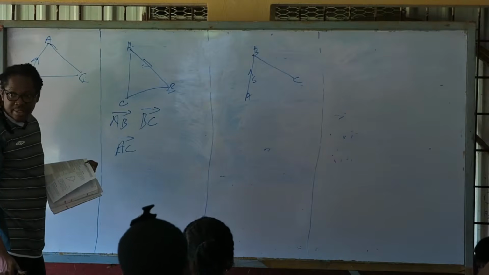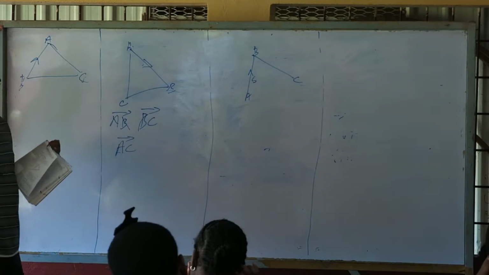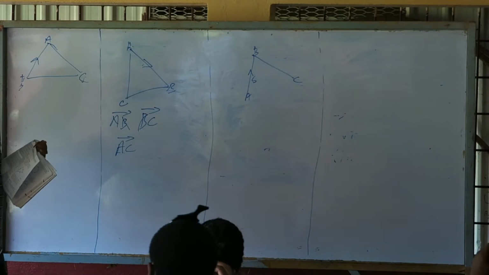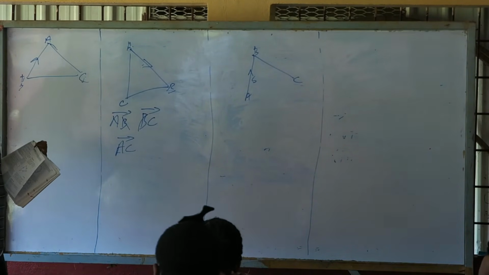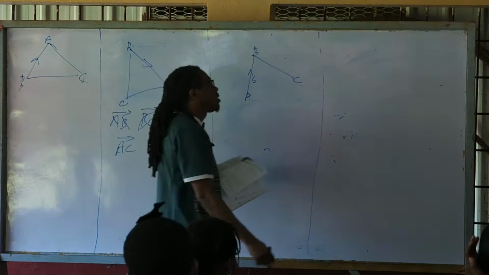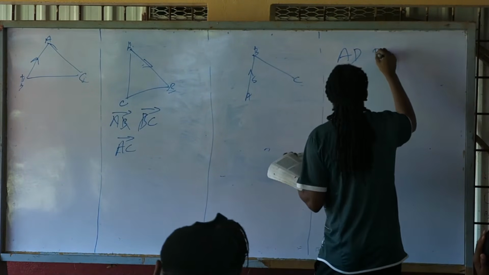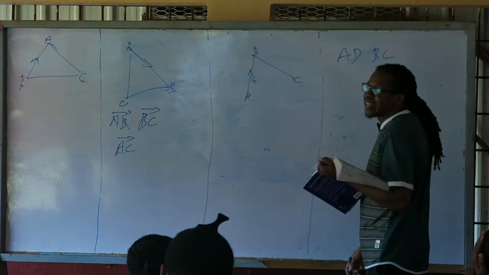See that? How therefore do you find the resultant vector? Everybody see that? Good. So if he moves from A to D and then from B to C, is that a resultant vector?